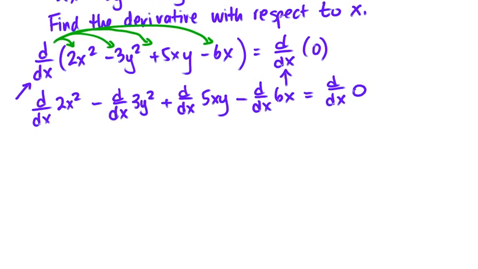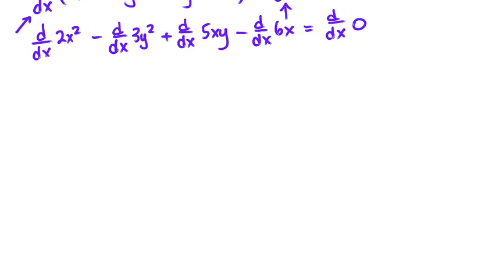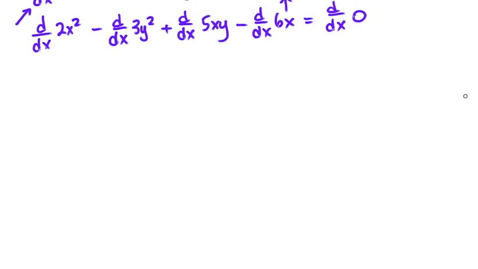Now, some of these are easier to take the derivative of than others. For instance, the first term, we know how to do this using the power rule and get 4x. And let's skip these ones for a while. We also know this fourth term has a derivative of 6 and that the right-hand side has a derivative of 0. These other two are a little bit trickier.